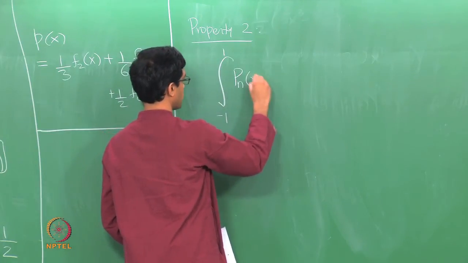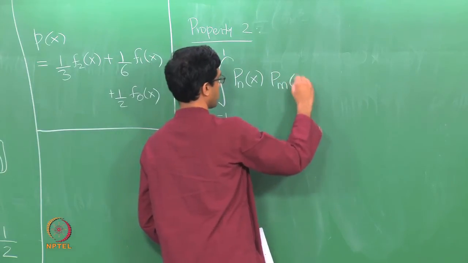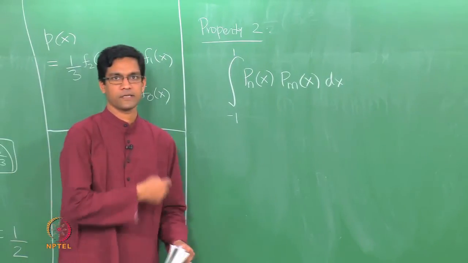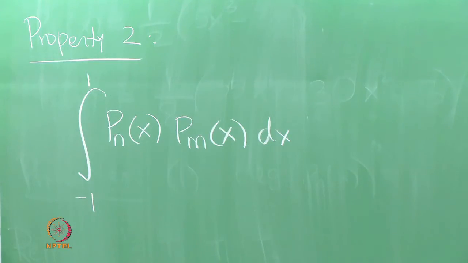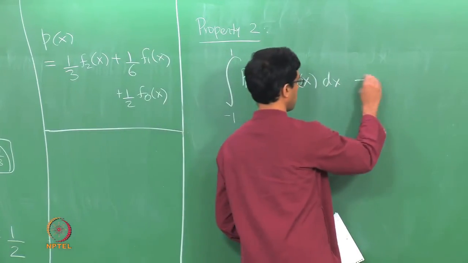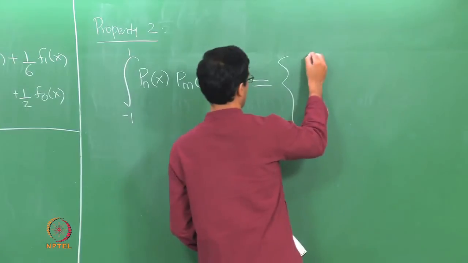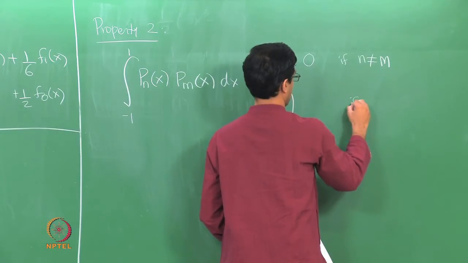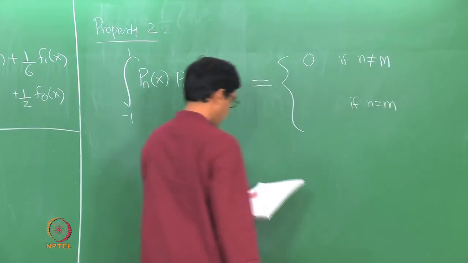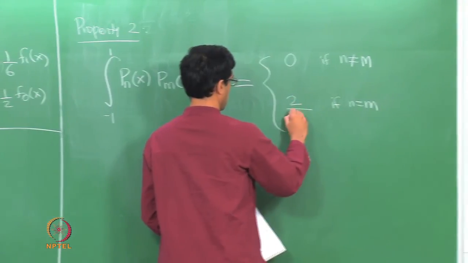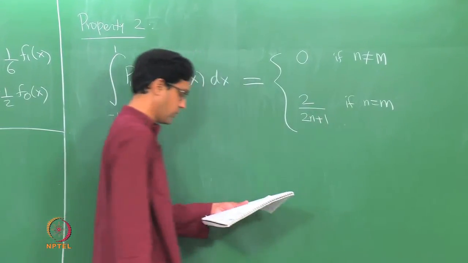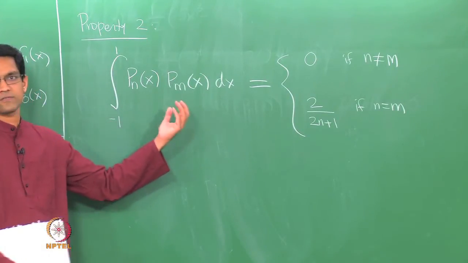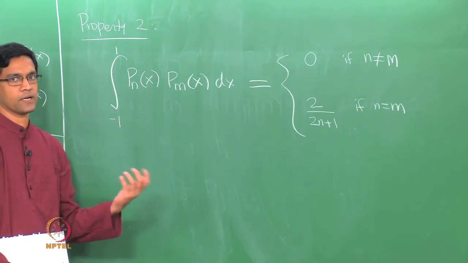If I take two Legendre polynomials Pn of x and Pm of x and I integrate them, I take the definite integral from -1 to 1, then it turns out that the answer is 0 if n is not equal to m, and you get some non-zero answer, which is 2 divided by 2n plus 1 if n equals m. Okay. Now this is somehow the heart of the key property of the Legendre polynomials.